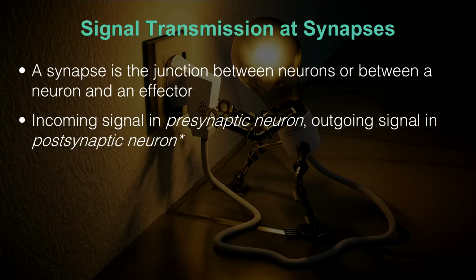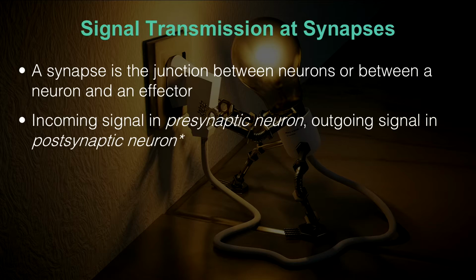The incoming signal is in a presynaptic neuron, the outgoing signal in a postsynaptic neuron, and this is asterisked because it only works if there are two neurons that are connected. If one neuron is transmitting a signal to a muscle cell or a gland, it's not a postsynaptic neuron. It's a postsynaptic cell in that case.